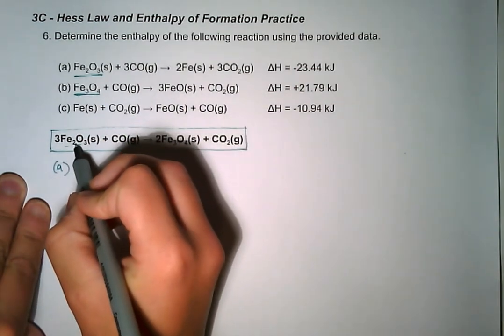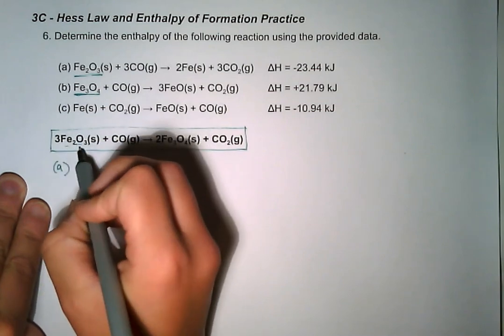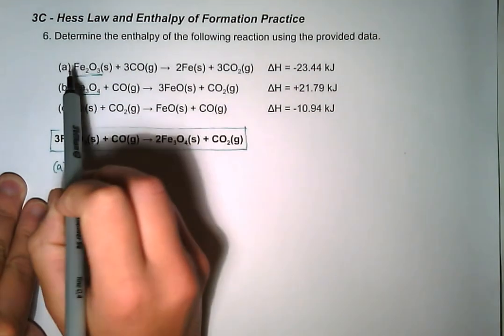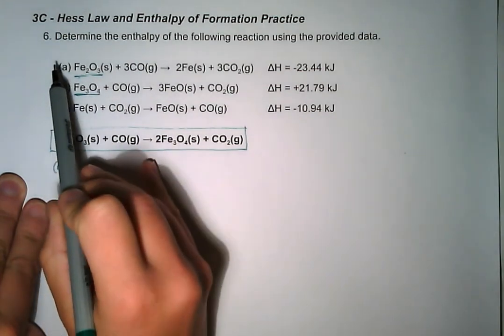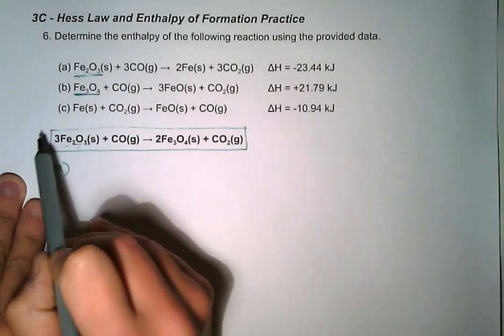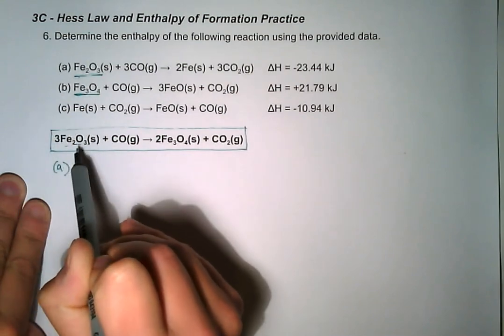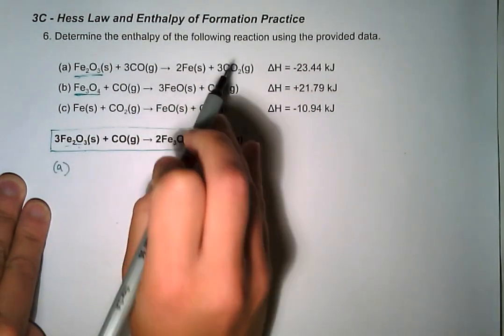And Fe2O3, we need to have 3 of them in our target equation in the end. And Fe2O3 only appears right here. So we need to multiply this equation by 3 so that we end up with 3 Fe2O3s on the reactant side. So I'm going to multiply the whole thing by 3.